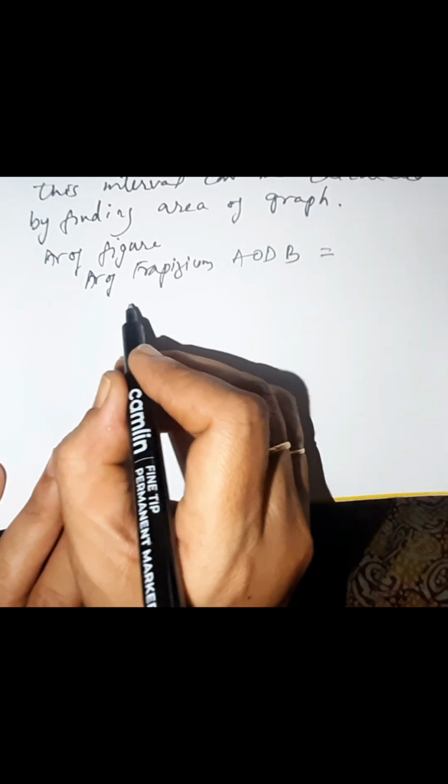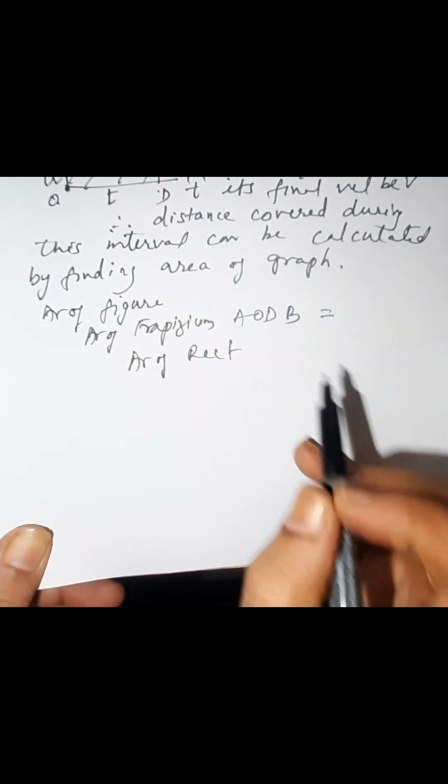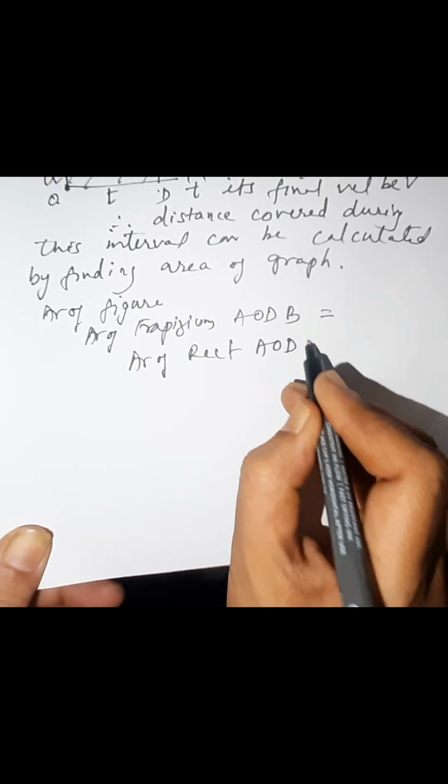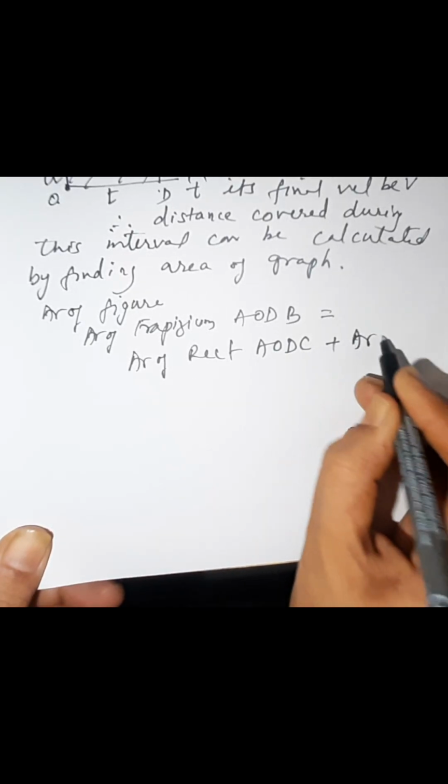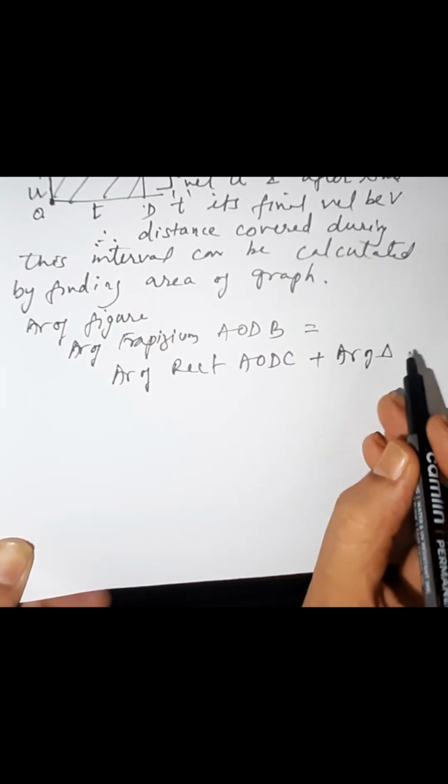So let's divide the trapezium into a rectangle and a triangle. That is, area of rectangle AODC plus area of triangle ACB.